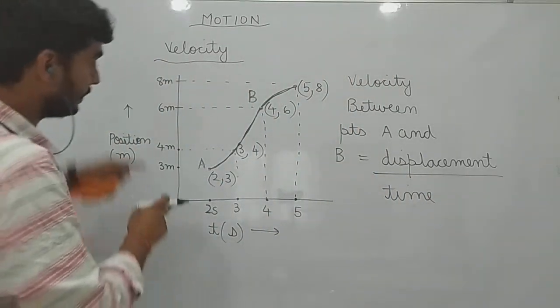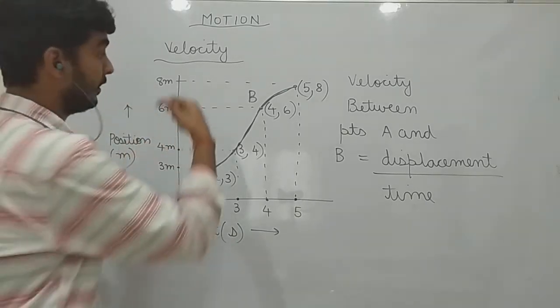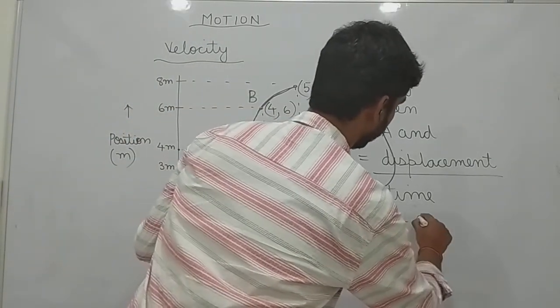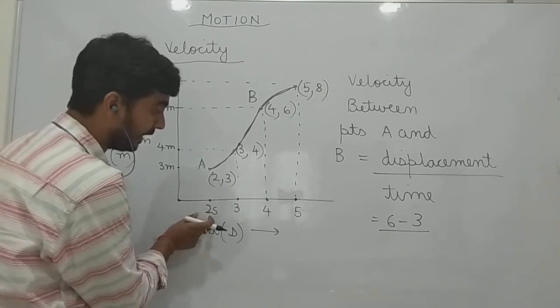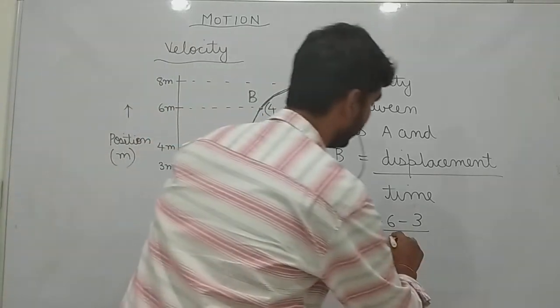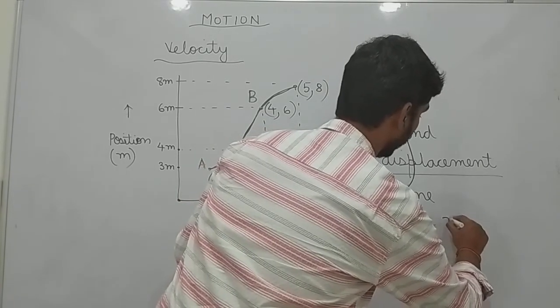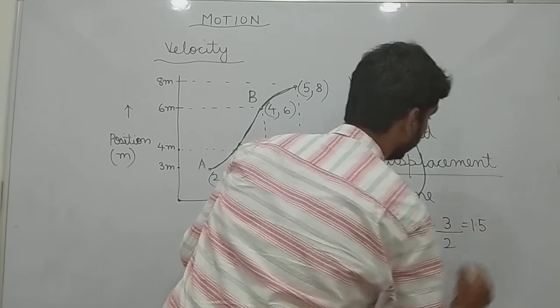From 3 meters it has moved to 6 meters, so final position minus initial position, that is 6 minus 3, and the time interval is 2 seconds to 4 seconds, so 4 minus 2, that is 2 seconds. So 6 minus 3 is 3, divided by 2. So it will be 1.5.